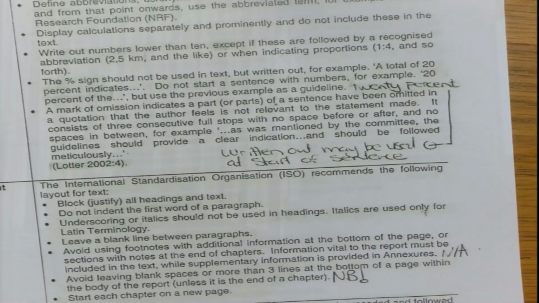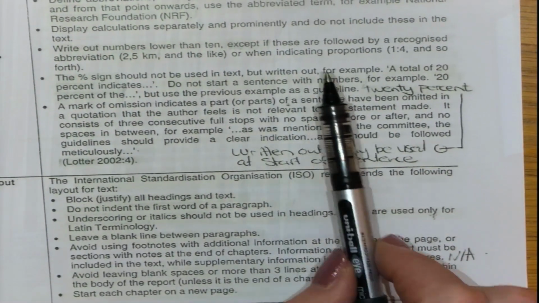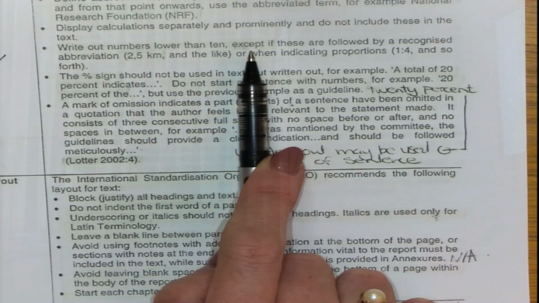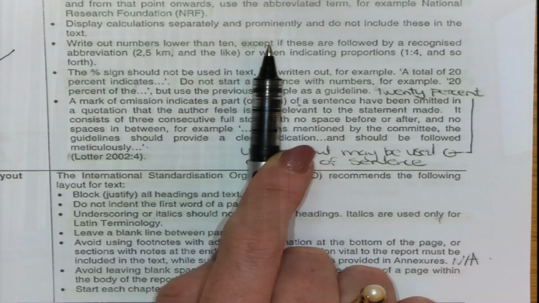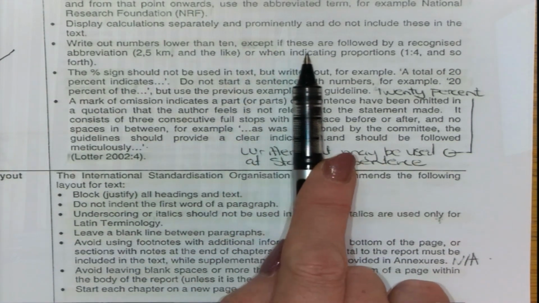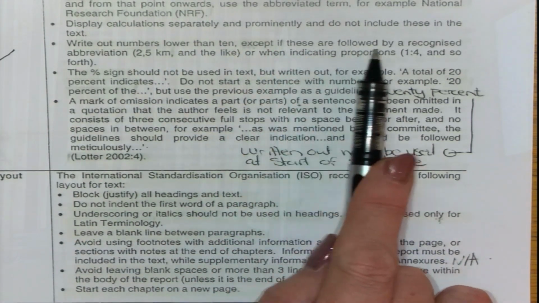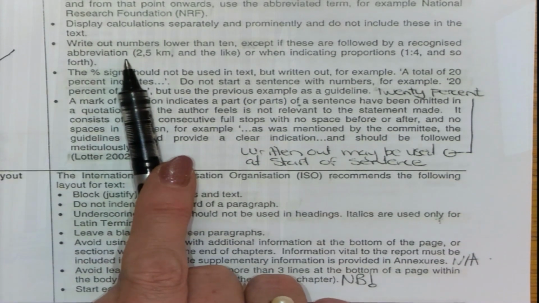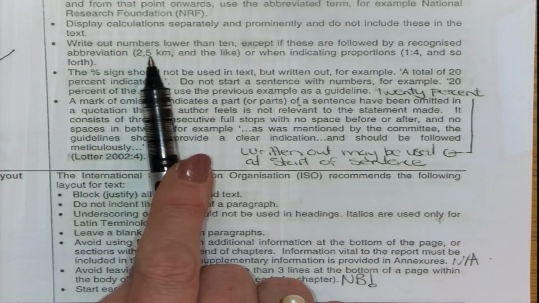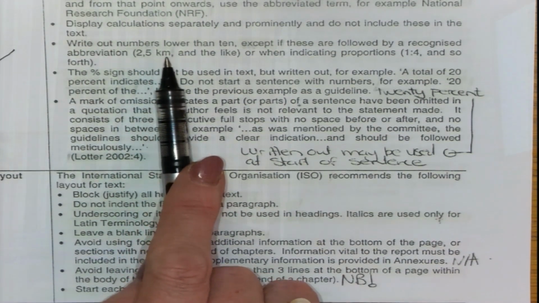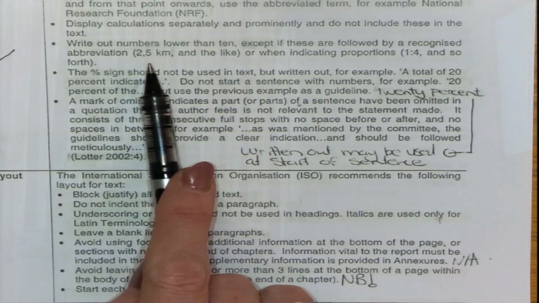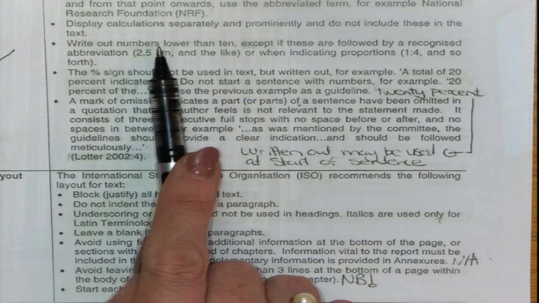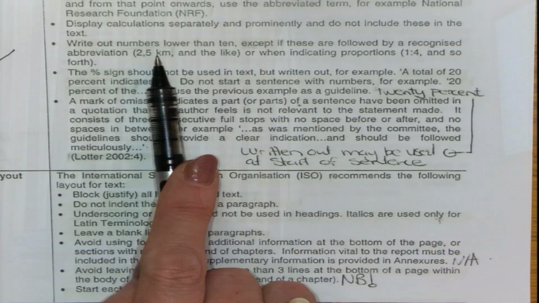Let's read further. The exception on a rule. If we don't have exceptions, then you don't have a rule. Except if these are followed by a recognized abbreviation. We write 2,5 kilometers. If you write 2,5, can you see there's a space between it?